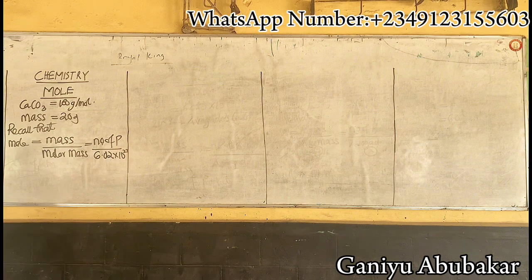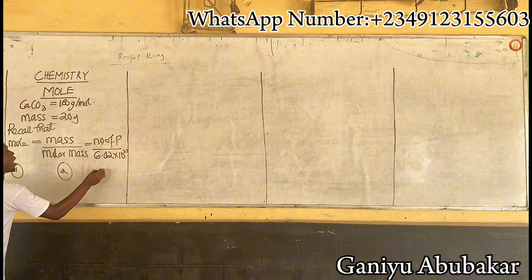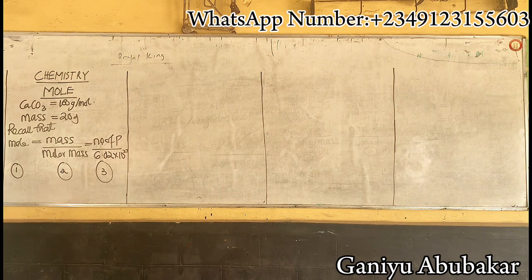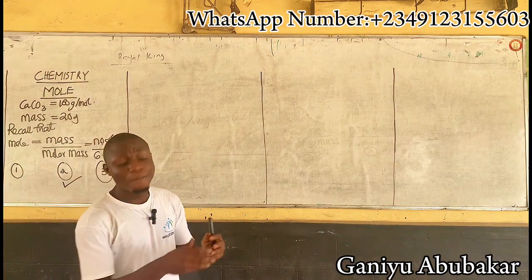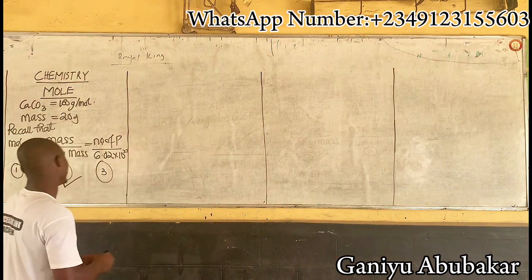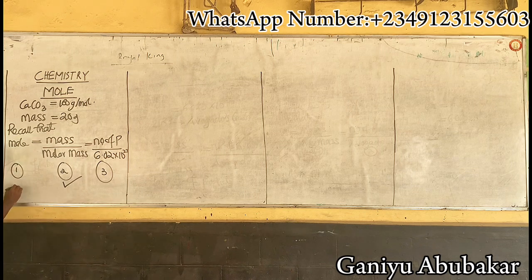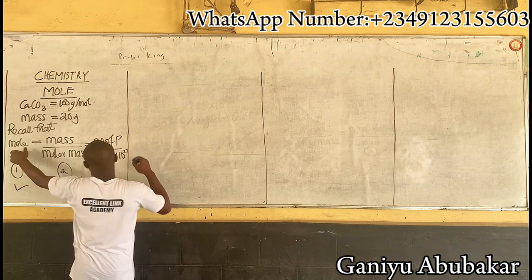In this case, I have equation 1, equation 2, and 3. Which one am I using here? I'm using mass, so I'm using equation 2. What am I asked to find? How many moles, so I look for mole. For this question now, I'll be using just equation 1.